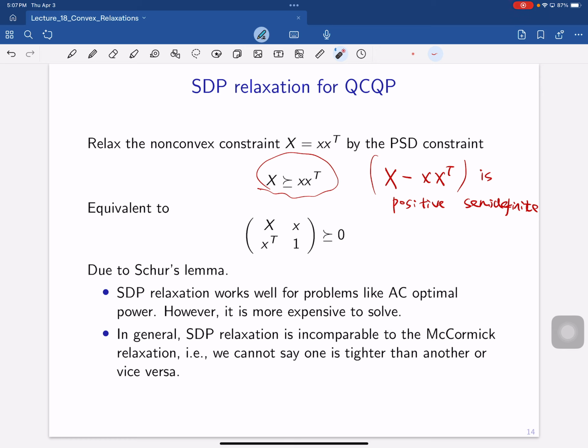You cannot say one is always tighter than the other. So in practice, if you want a tighter relaxation, you can add both the McCormick inequalities and the SDP constraint. And of course, there is no free lunch. If you add more inequalities, the relaxation is more difficult to solve.